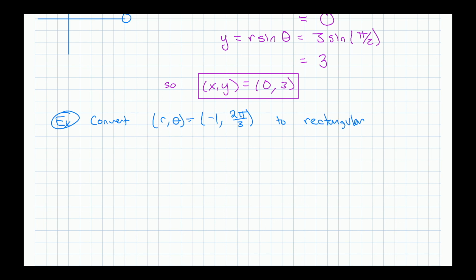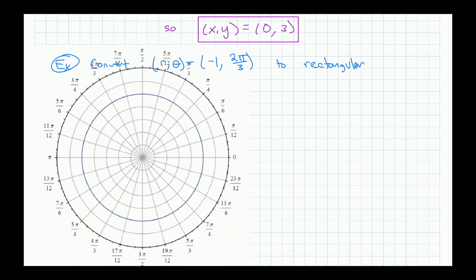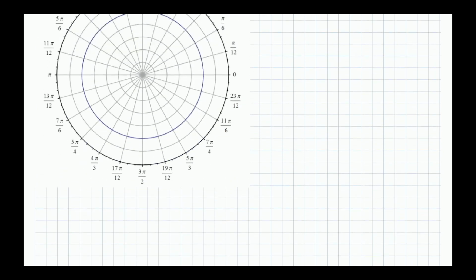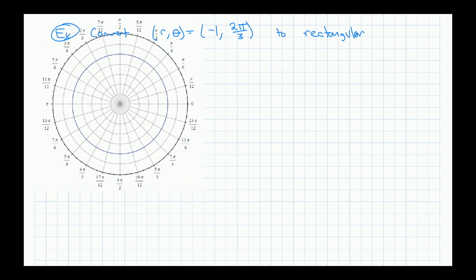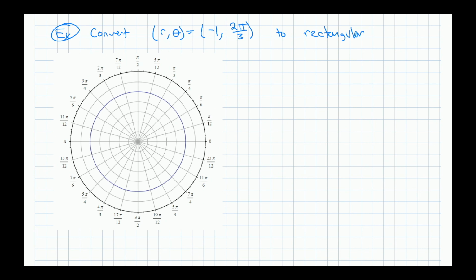I'm going to plot this first. This is not required. You don't need to plot this point in order to do this problem, but I just am anyway. So where would this point be? Let's just think about it. First you'd have to find 2 pi over 3. That's not that hard, right? You just go around the unit circle.